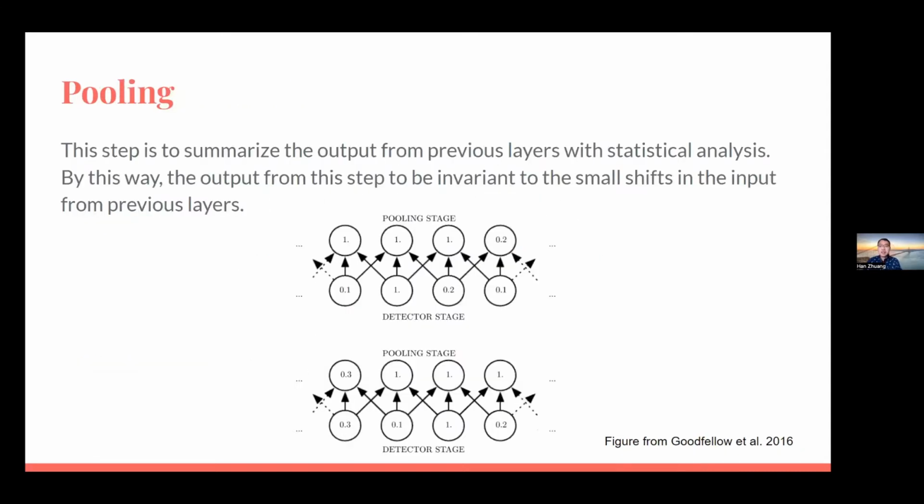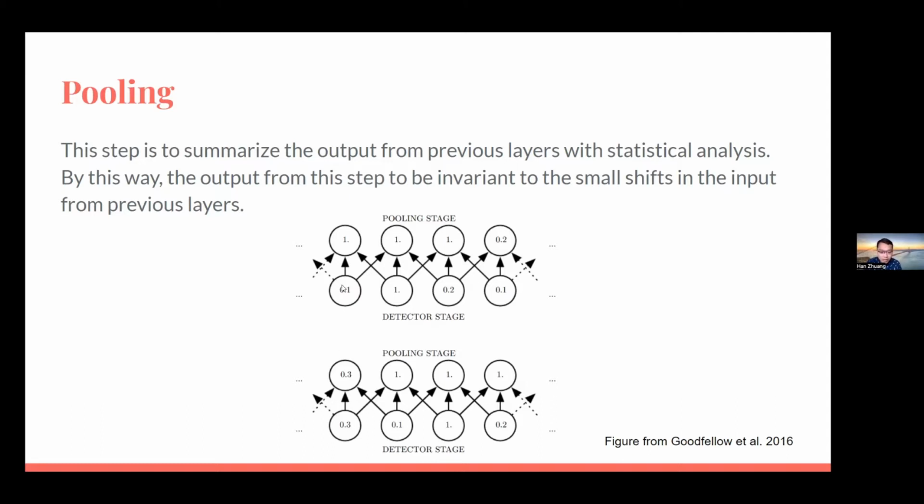And the last thing I want to introduce is pooling, which is also a very important step in convolutional neural network. It can summarize the output from previous layer with a statistical analysis, and then we can avoid some small shifts in the input to the next layer.